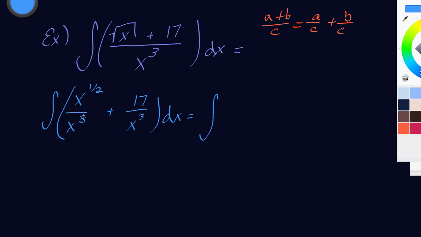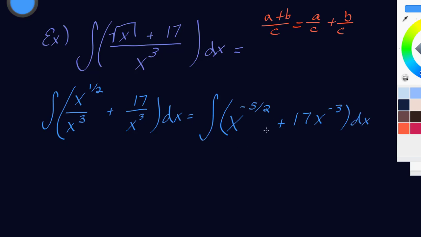So if I'm dividing two bases, what I can do with their exponents is I can subtract them. So that's going to be x to the, well, 1/2 minus 3, that's going to give me negative 5 halves, plus, and what this is going to turn into is 17x to the negative 3 dx.